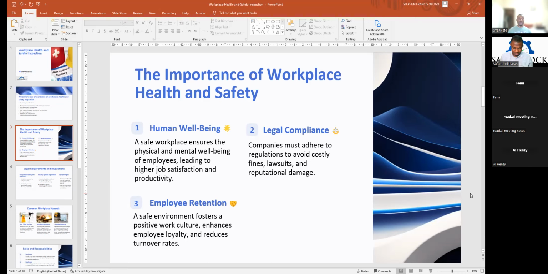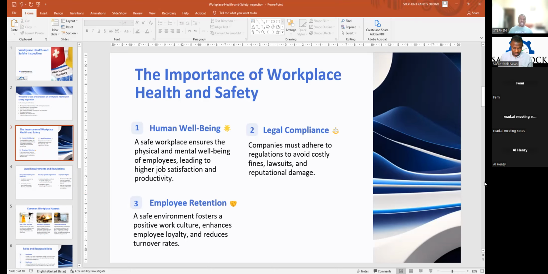So when the well-being of an employee is very high, then the guarantee of high productivity is there, job satisfaction is there, because these workers will be okay mentally.